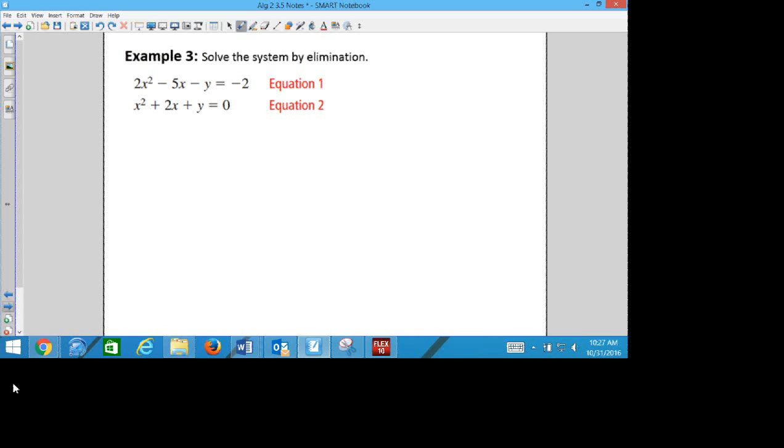All right, last example. This example we are doing by elimination. You want to eliminate the y.